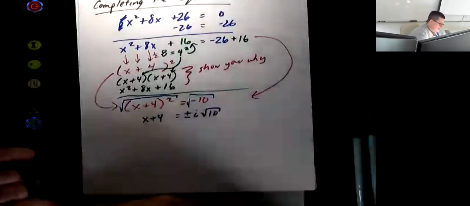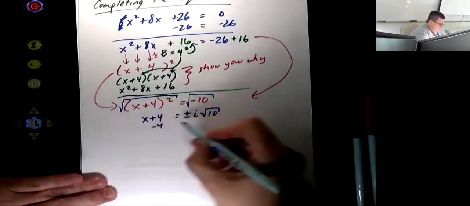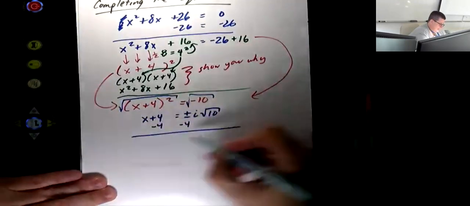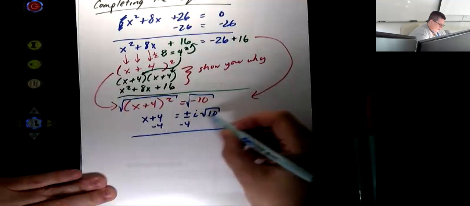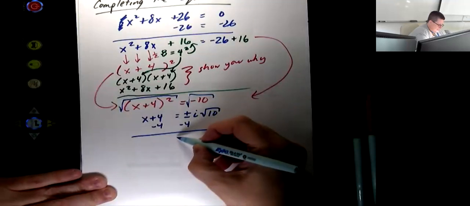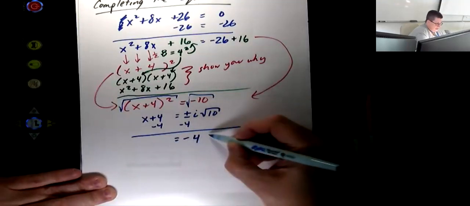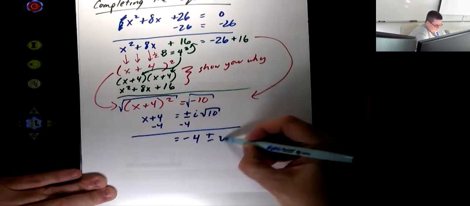And finally, we subtract 4 from both sides. And I can't add the negative 4 to the i root 10 as is, so I just have to say it's negative 4 plus or minus i root 10.